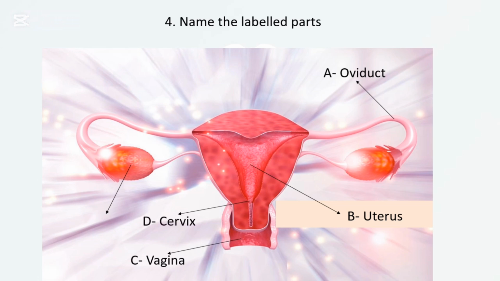The other part D, it is the cervix, that is the passage of sperms from the vagina to the uterus. And part E was the ovary. So the ovary, it is what produces the female sex cells, also known as the eggs or the ova.